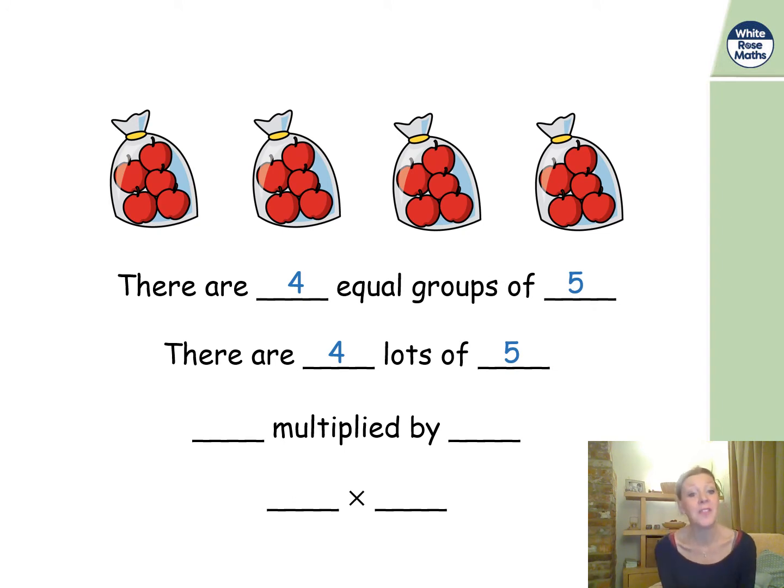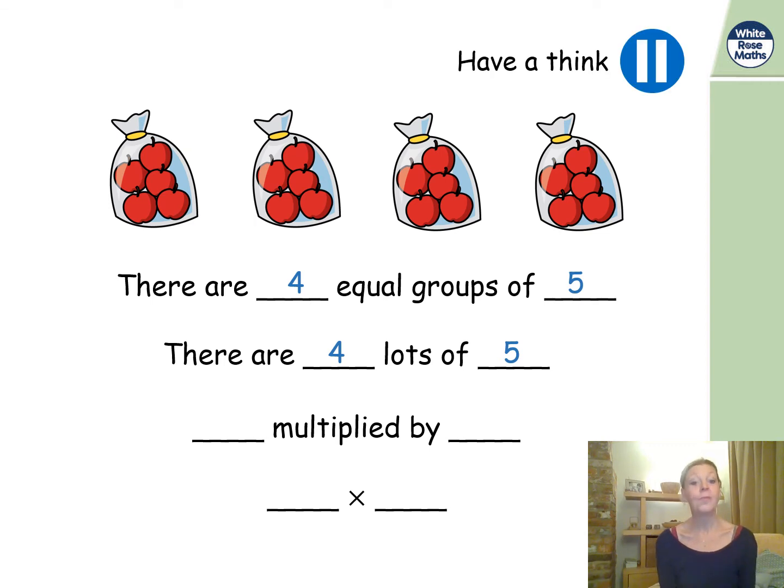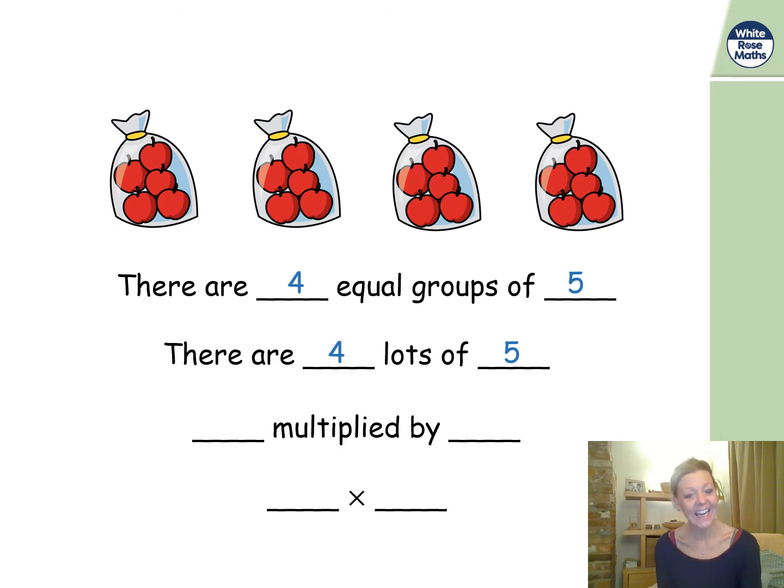We have the same with the apples. We can see in front of us that there are 4 bags of 5 apples, so there are 4 equal groups of 5. There are 4 lots of 5, and so we would say 4 multiplied by 5.